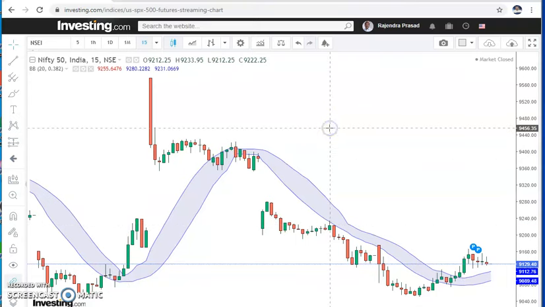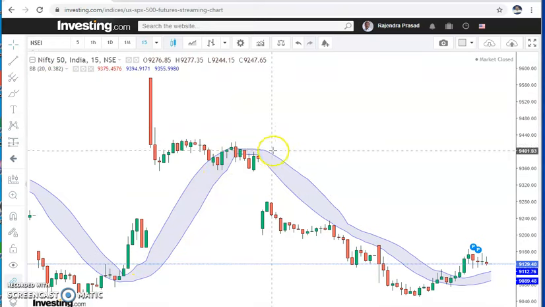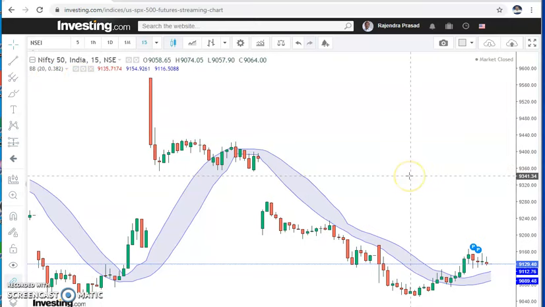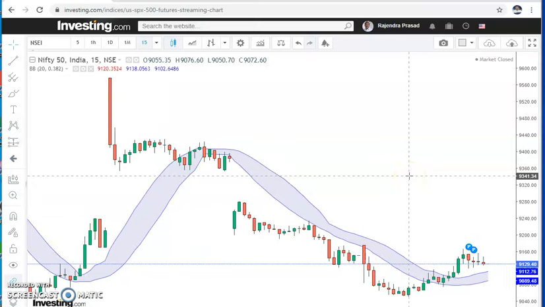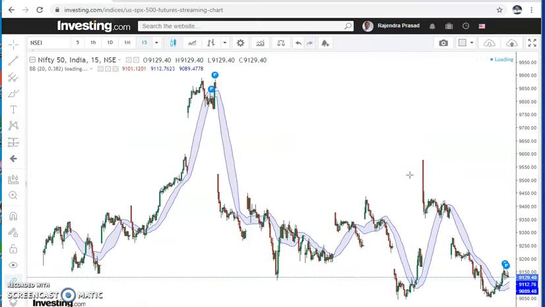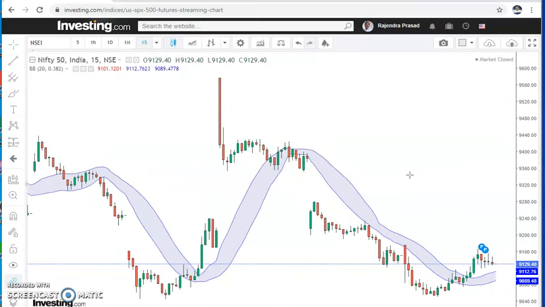Friends, once again, the only change you have to make is remove the mean value, that is the 20 period value, and change the 2 standard deviation to 0.382. If you are interested, you can back test. Here you may get stop losses, but the winning ratio is very high.